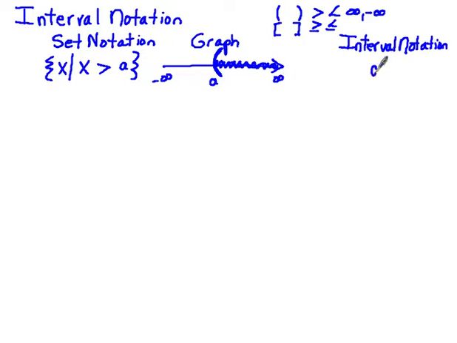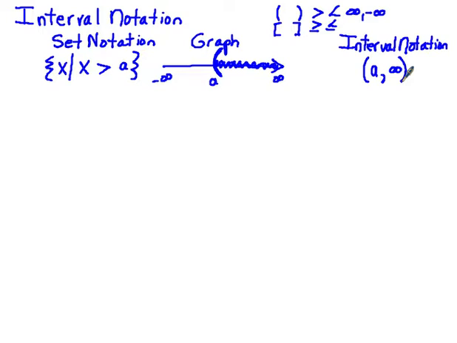Well, it starts at A and it goes to infinity. Now, what was the symbol that we placed on A? It was a parenthesis. So we're going to put parentheses A. And infinities always get parentheses because you can't ever equal infinity, because it's like Buzz Lightyear, to infinity and beyond. So it's always parentheses on infinity because you can never equal infinity.